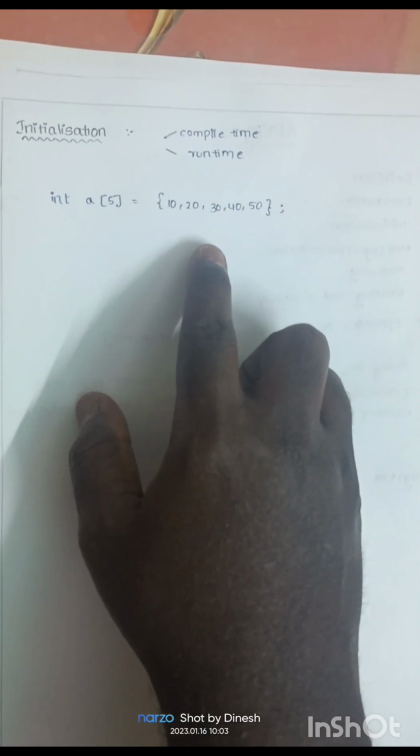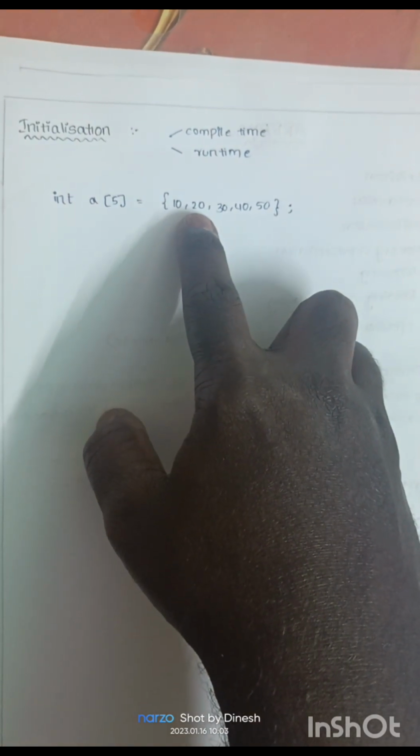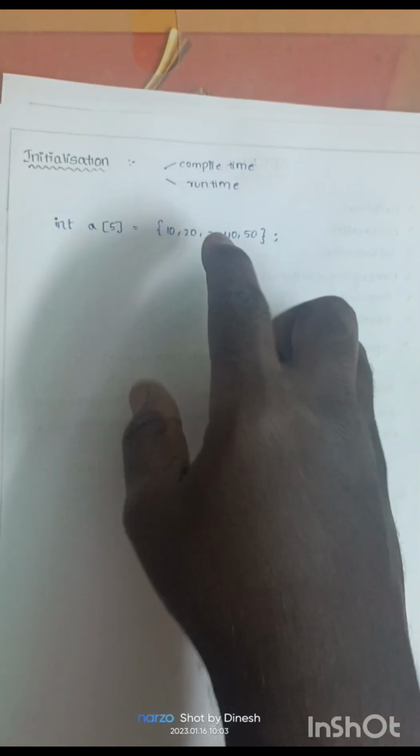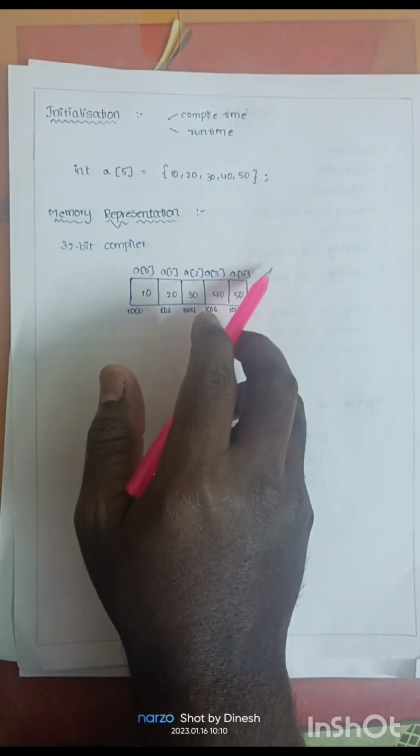For compile time initialization, the size is not mandatory. If we give 5 elements, the compiler will determine the size by calculating how many elements we are giving. That is initialization.